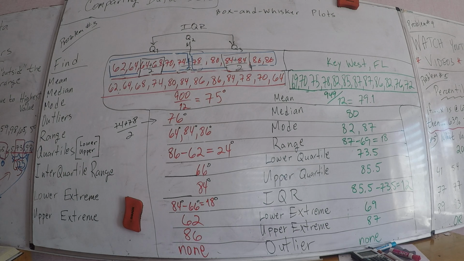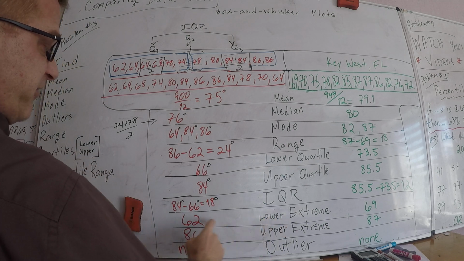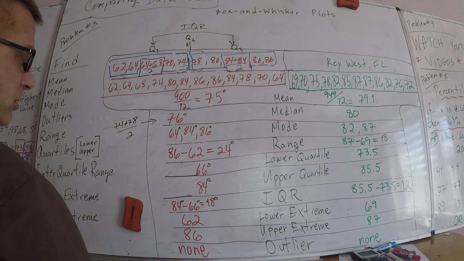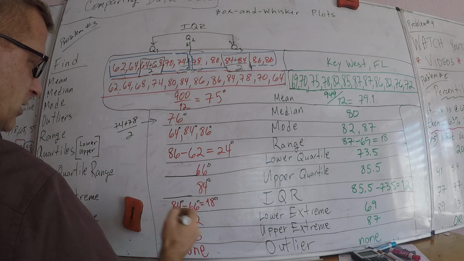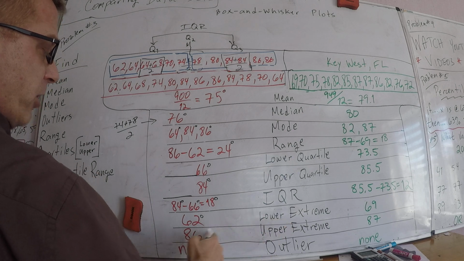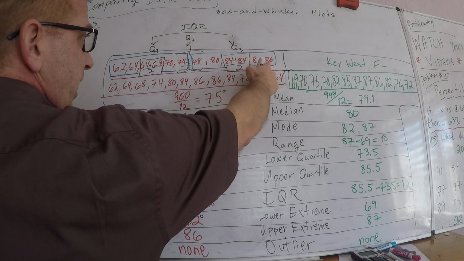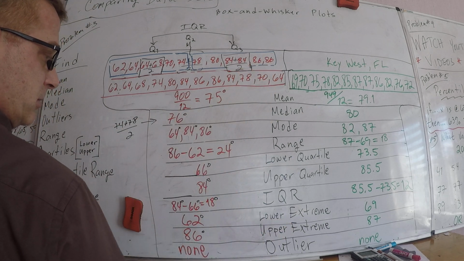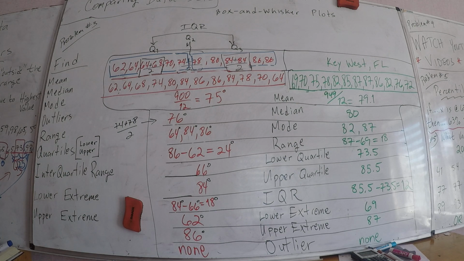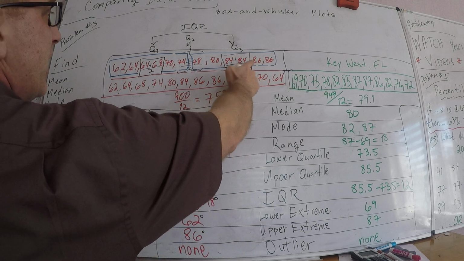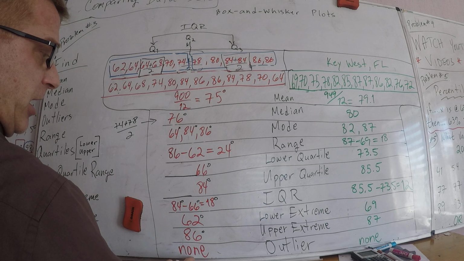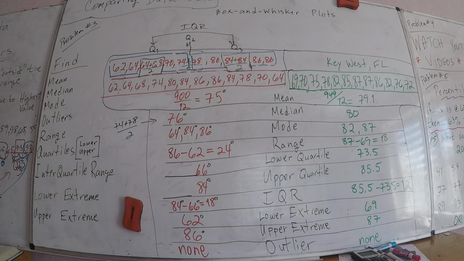The lower extreme is our lowest value, 62 degrees. Our upper extreme is our upper value, 86. The outlier, I don't think there's an outlier here. In my opinion, there is none. There is no outlier. Okay?